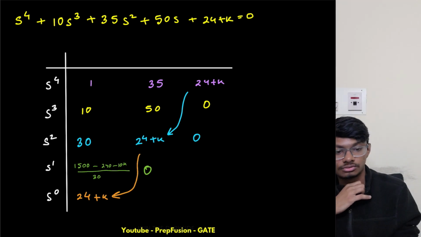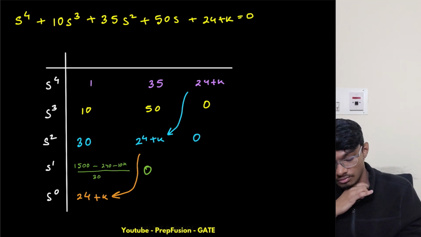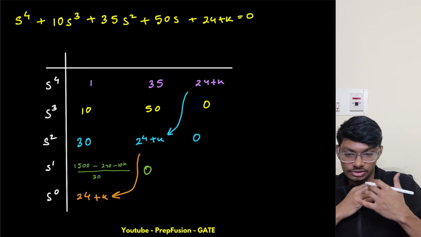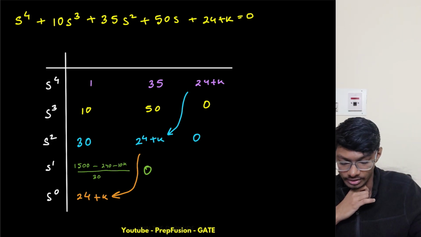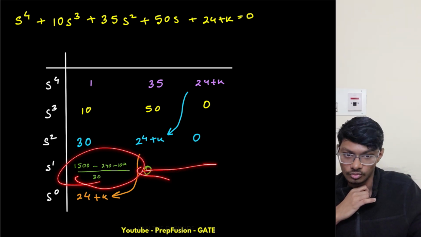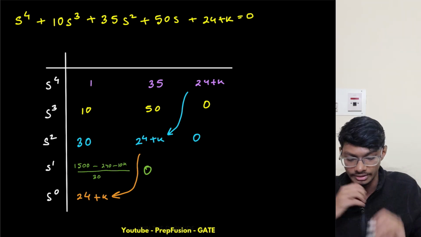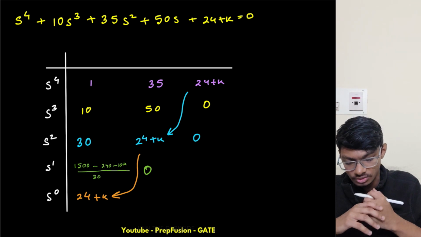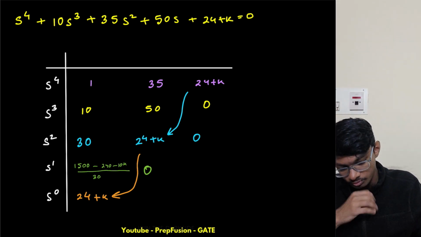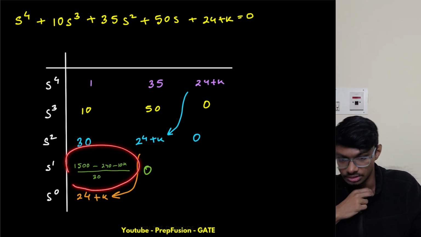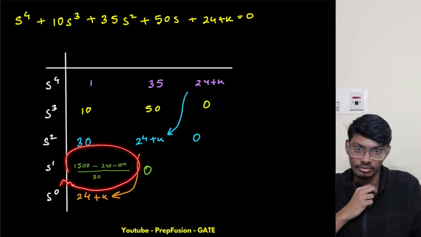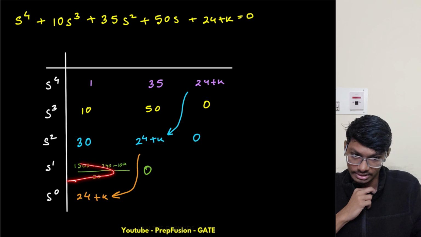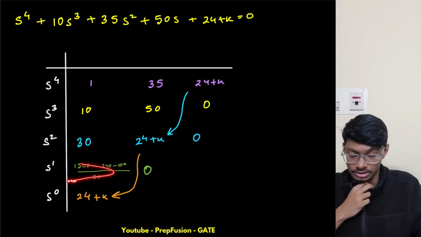Now, for my system to be marginally stable, I need to have a row of 0 here. I need a row of 0 to get imaginary roots, or symmetric roots basically. So I will equate this equation to 0, then I will get my condition. Else, if it was greater than 0, my system would always be stable.